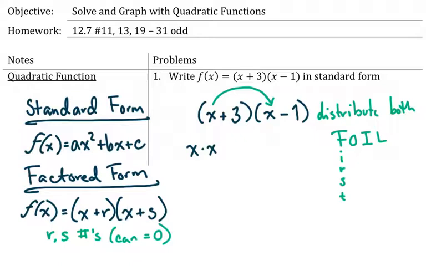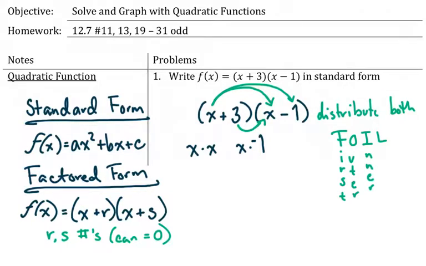And the O in FOIL stands for outer, meaning that we're going to distribute the outside here to the outside here. So these two are on the outside of the whole problem. So in this case, x times negative 1. The I in FOIL stands for inner, meaning the two terms on the inside. So now we're going to start distributing that 3.